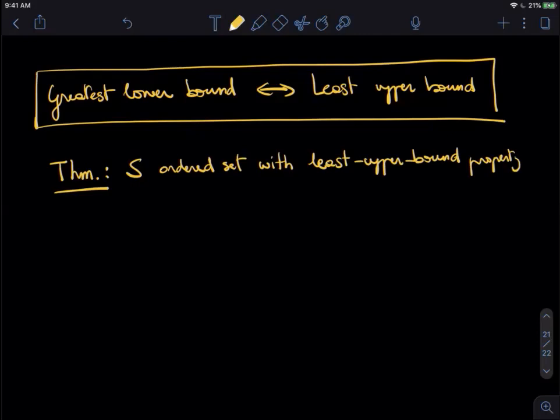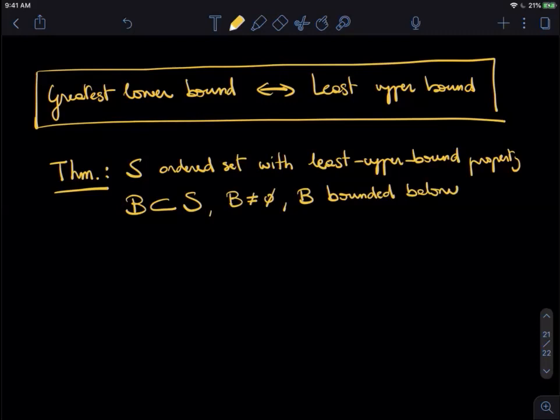Let's say we have a subset B that is non-empty. And let's say that B is bounded below. Typically in a theorem, you see all these assumptions that are ruling out the problematic cases, okay?